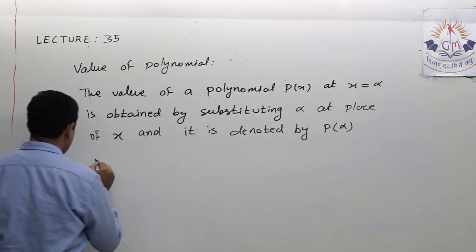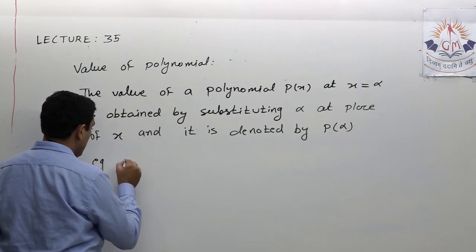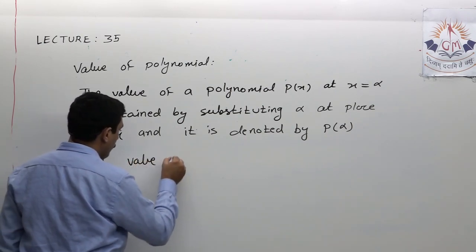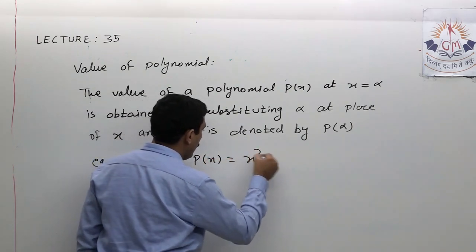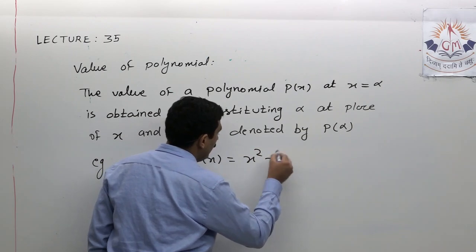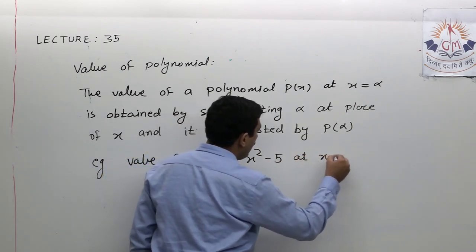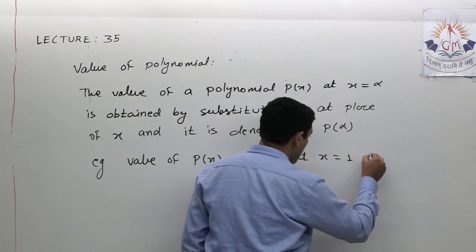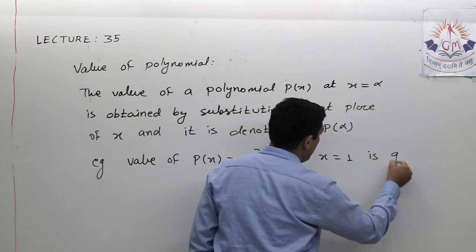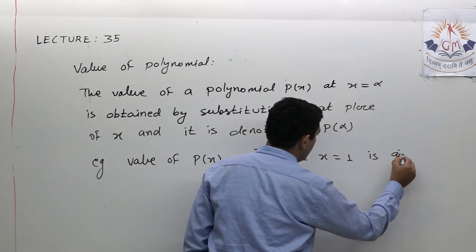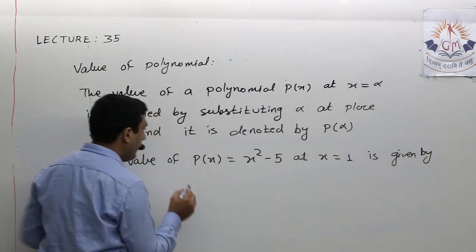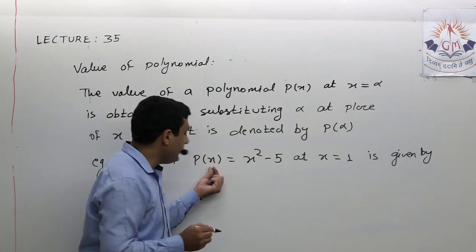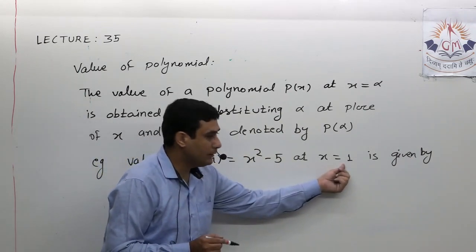For example, the value of p(x) equal to x square minus 5 at x equal to 1 is given by, what we have to do? We have to substitute x by the given value of x.